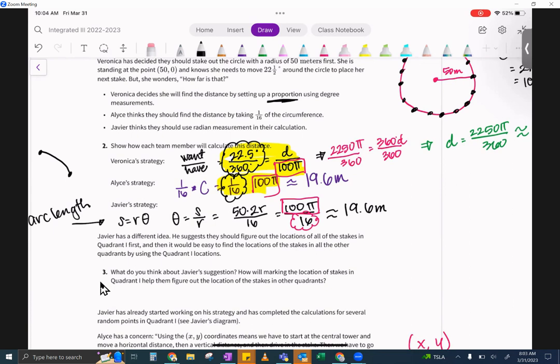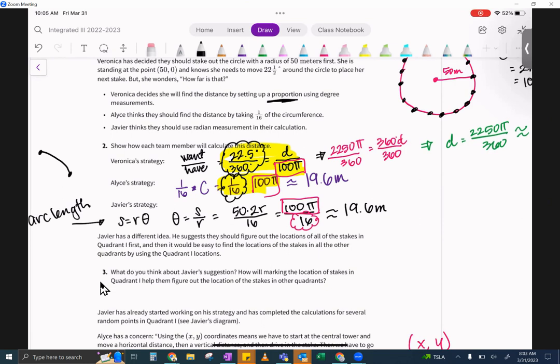So he's probably going to do the circumference of the circle divided by how many sections they're going to be, right?